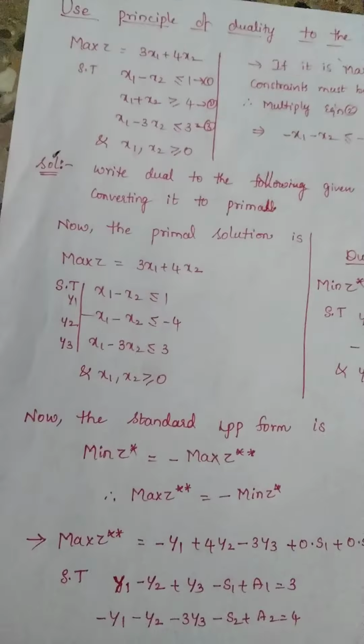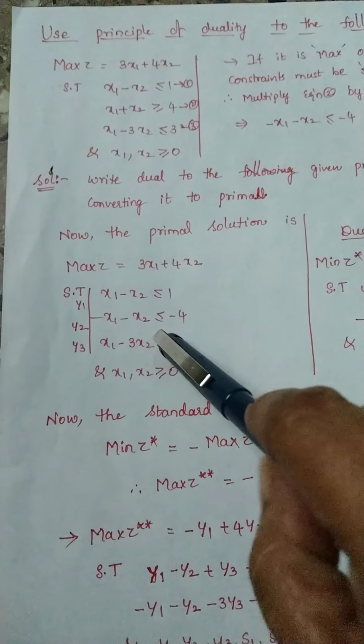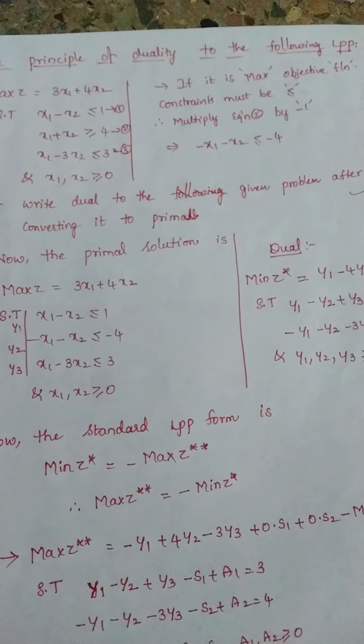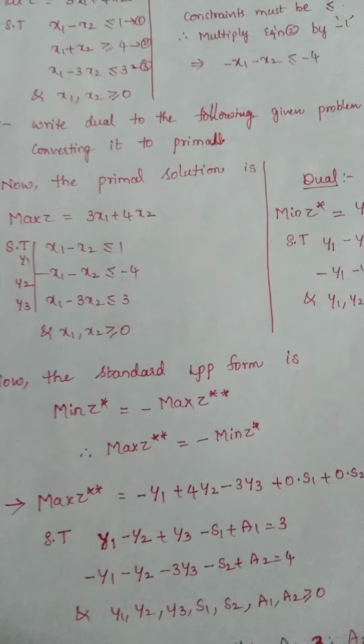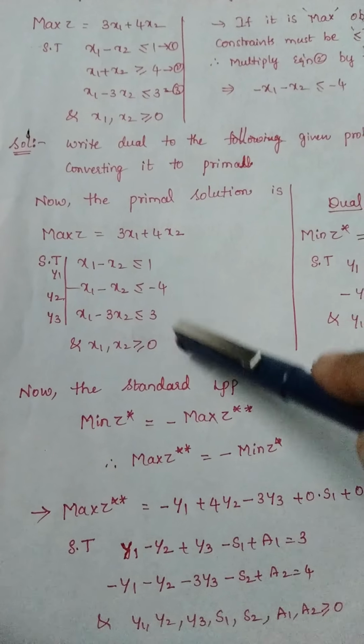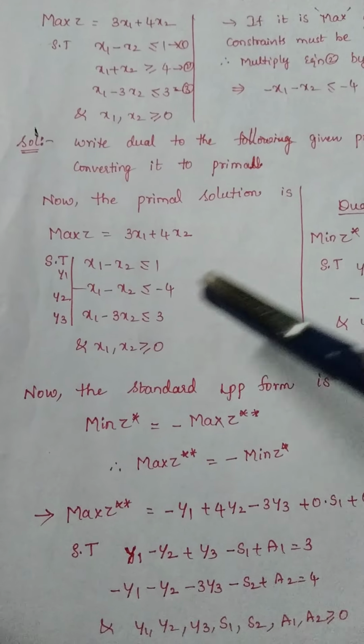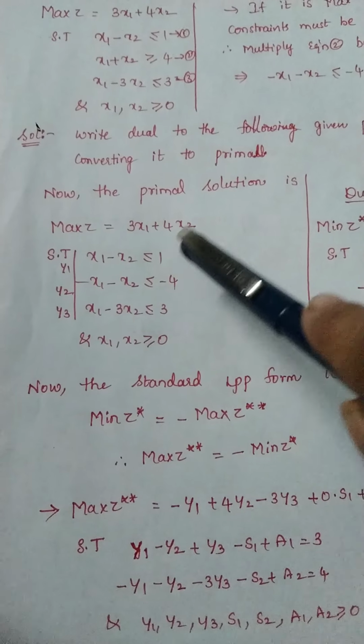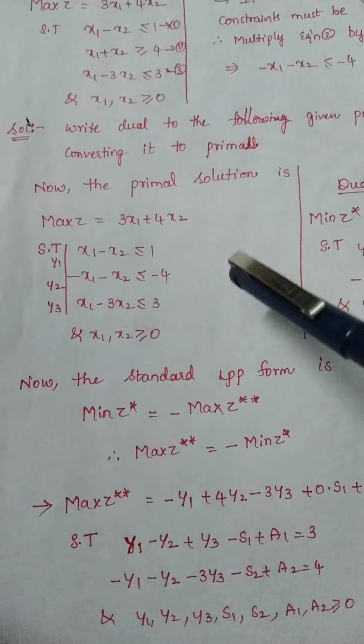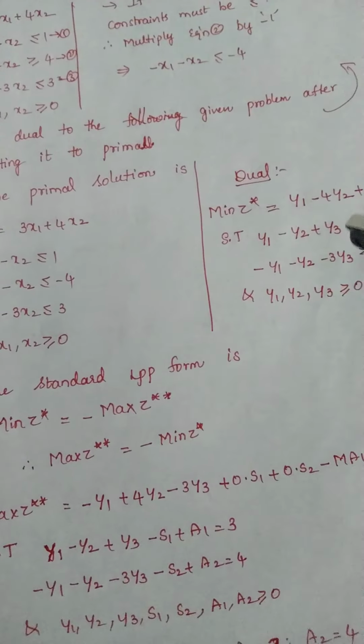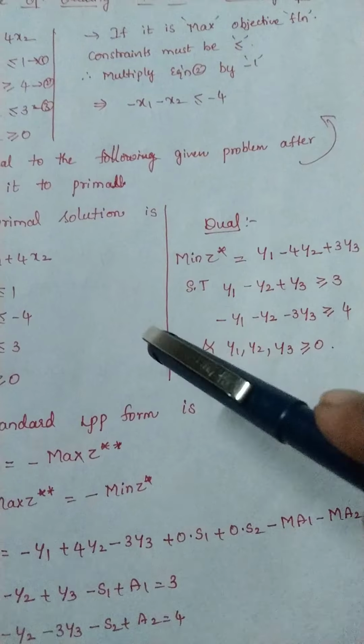How many constraints do you have here? 1, 2, 3. These constraints will change to variables in the dual. How many variables do you have here? y1, y2, y3. Understood? And the 3 constraints here will change to variables, and the variables here, 1 and 2, that is x1 and x2, will change to constraints. So that is your solution for the dual from the primal.